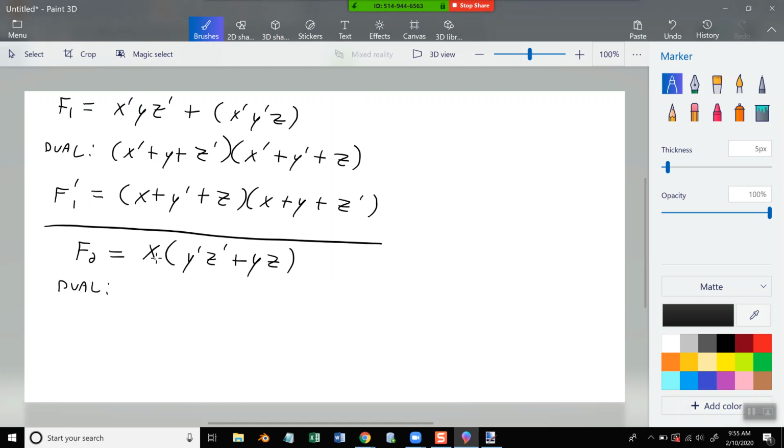So the dual, this x carries down. This multiplication here becomes addition. And then this carries down.